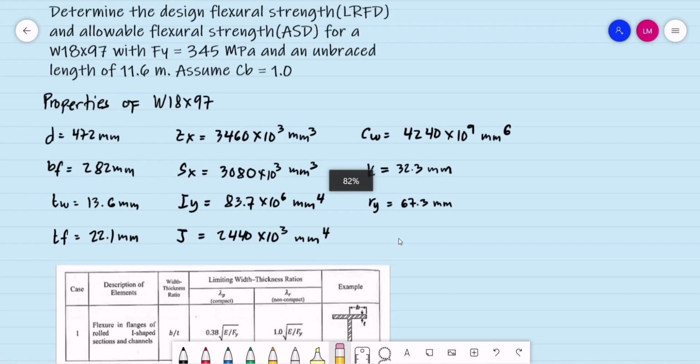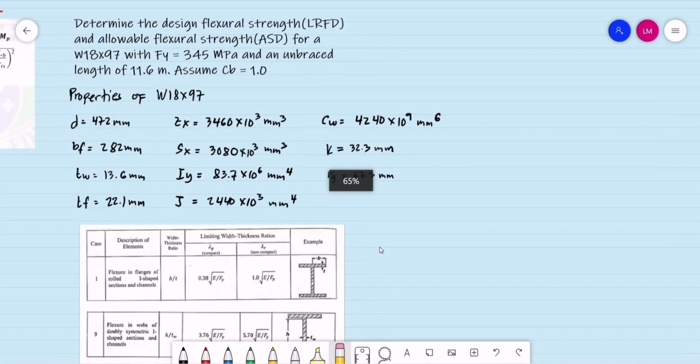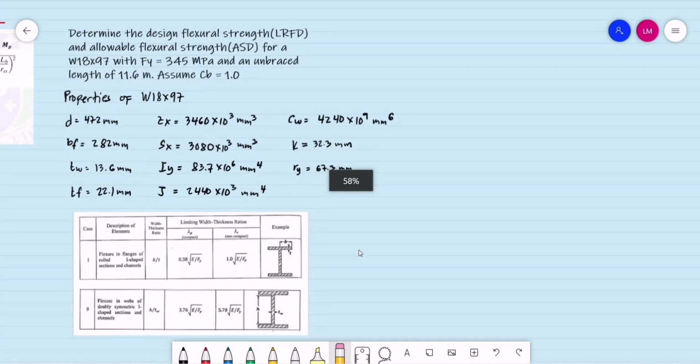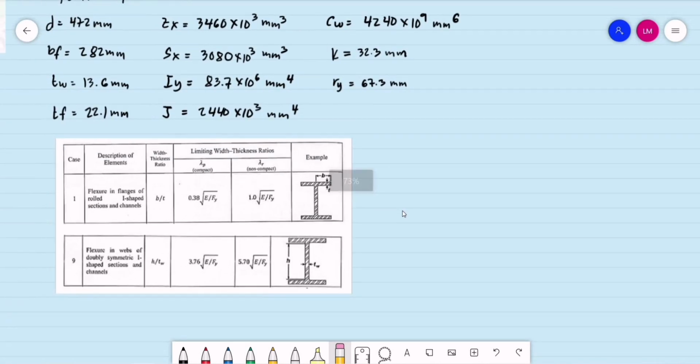So from our database, these are the properties of W18 by 97. First thing to do is to check the compactness of W18 by 97. If we are using an I-shaped section or wide flange, we are considering case 1 and case 9: flexure in flanges and flexure in the web.